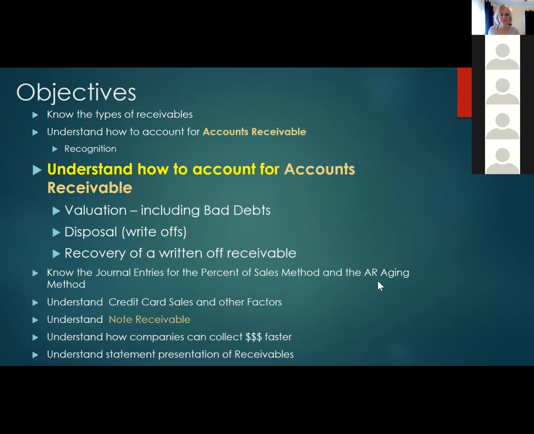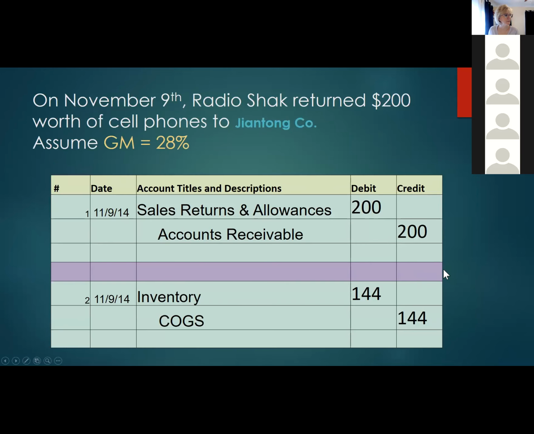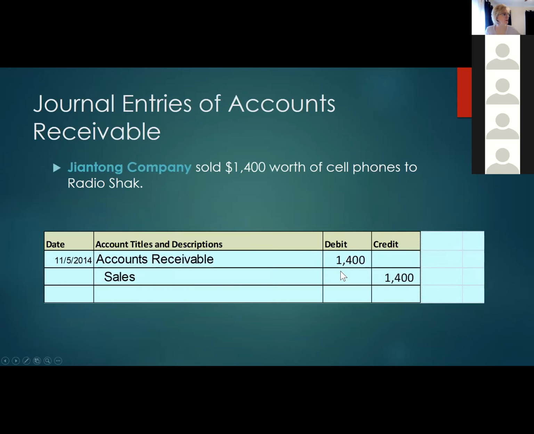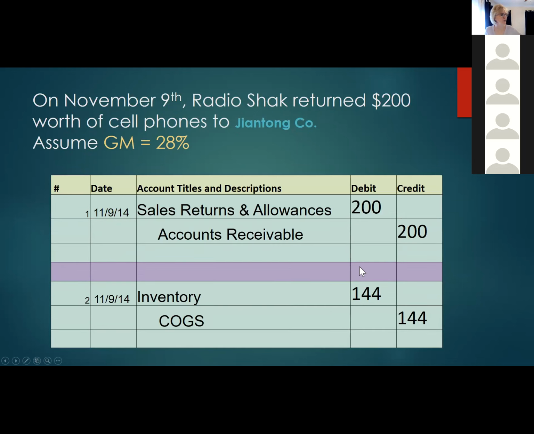I have a question on the previous journal entry. Yeah, Zachary. Is that a perpetual or a periodic? Oh, good question. Anybody know the answer to this? Perpetual. It's perpetual. How do you know it's perpetual?